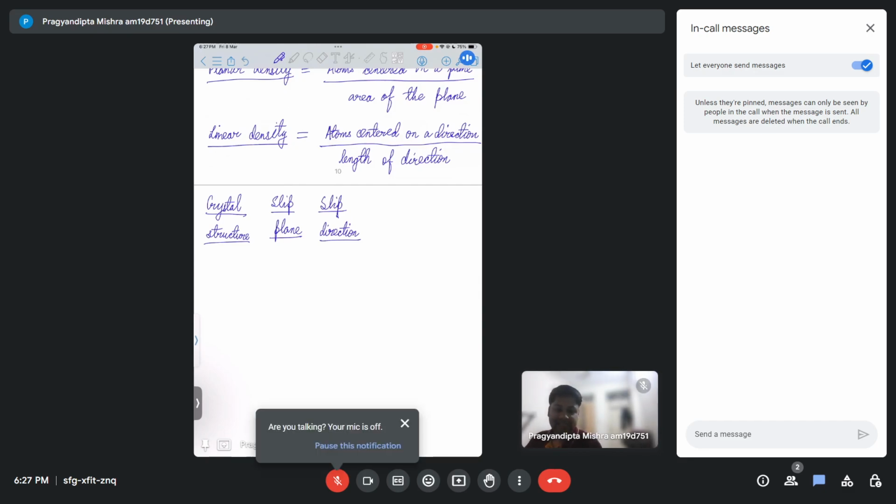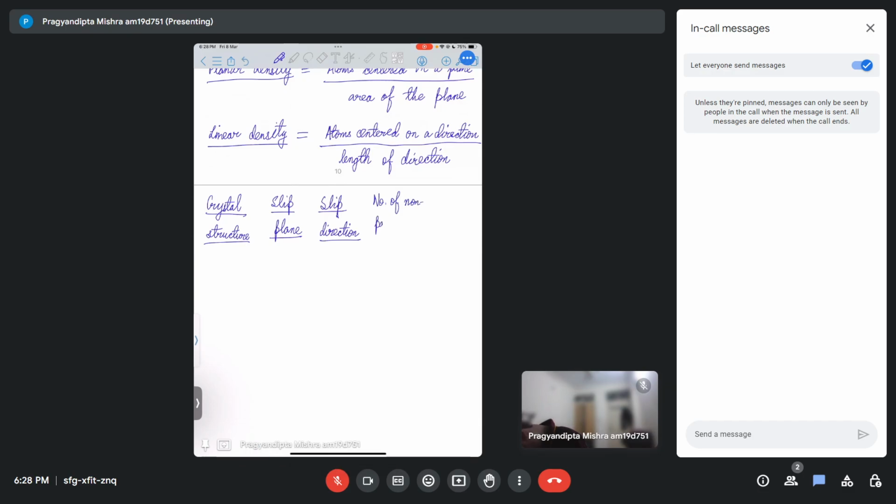Then number of non-parallel planes, and slip direction per plane.